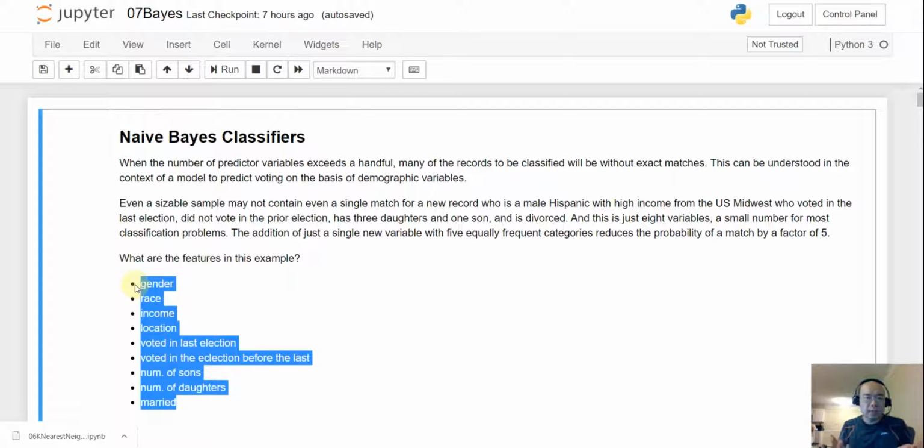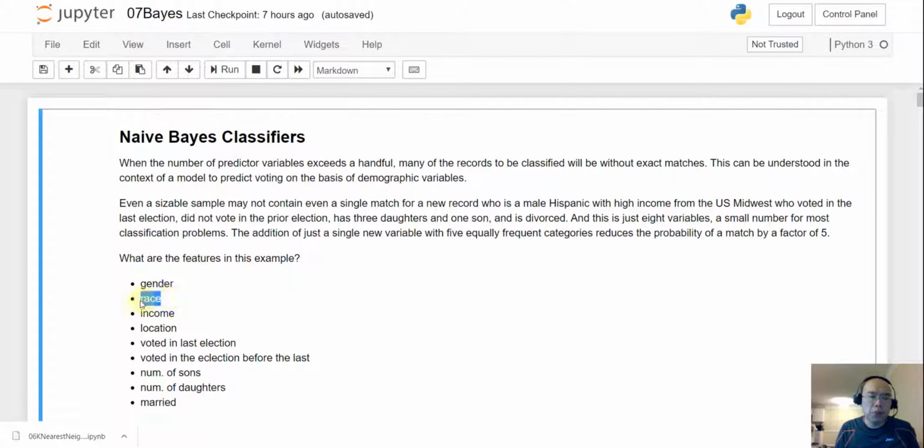In this case, we don't have any exact matches, and what will happen? So we have to relax some of the criteria a little bit. For example, for race, say we can find an Asian person. This person has all the other attributes exactly the same.